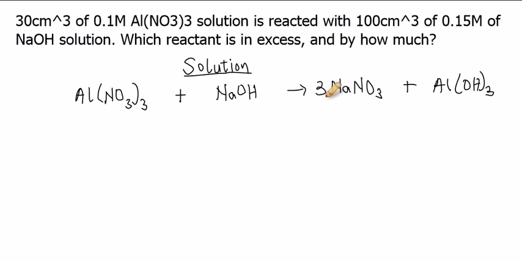Checking the product side now, 3 times 3, that's 9, plus 3, that makes it 12. So since we have just 1 here and we have 9 here, we add 3 here. So this will become 9 plus 3, that's 12, while in the product side as well, we have 12.